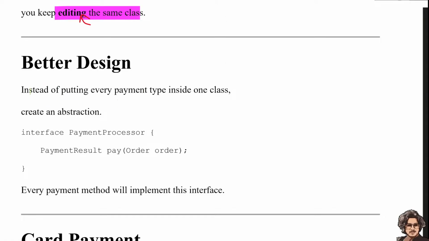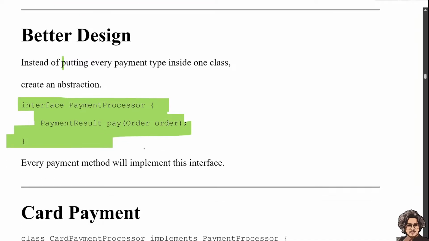Instead of putting every payment method inside one class, we create an abstraction: an interface PaymentProcessor. It takes the type of payment I want to choose and returns a PaymentResult.